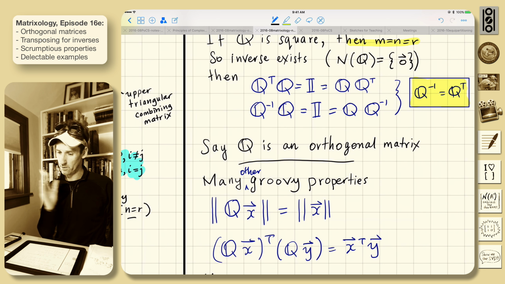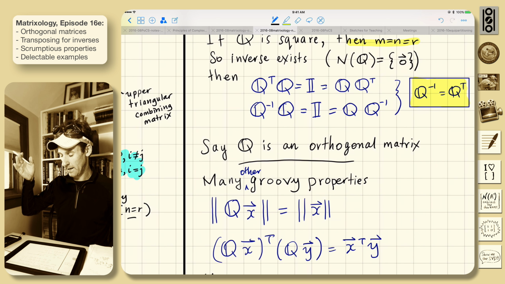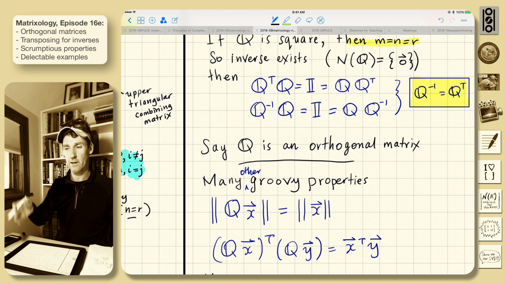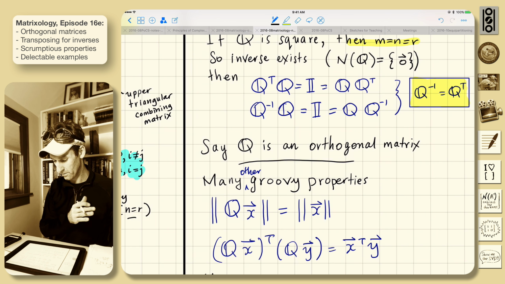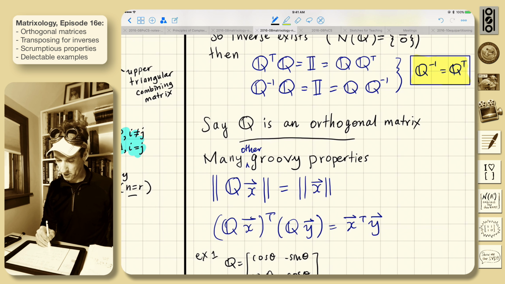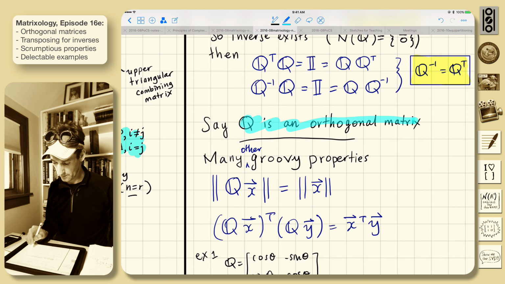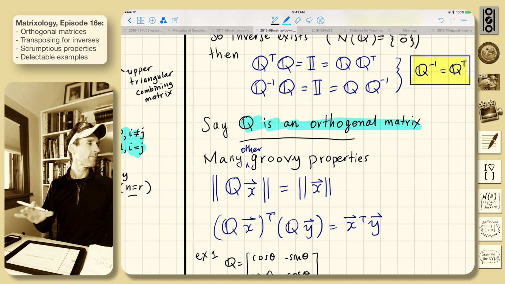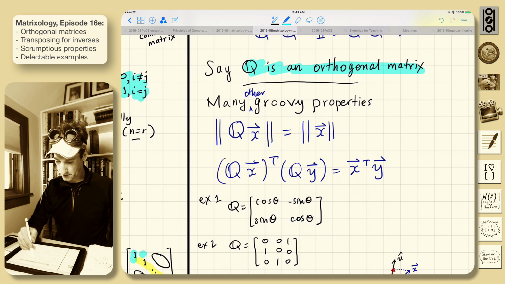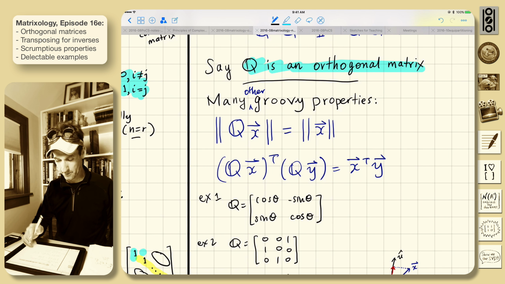So if you know that your columns are linearly independent and orthogonal to each other and orthonormal, then we're going to say that Q is an orthogonal matrix, even though it has an orthonormal basis in there. So it's orthogonal, it's square. There are lots of other properties that follow, and these are things that we get asked in an assignment.